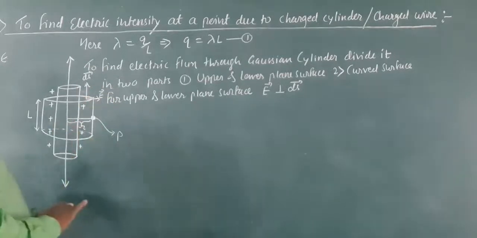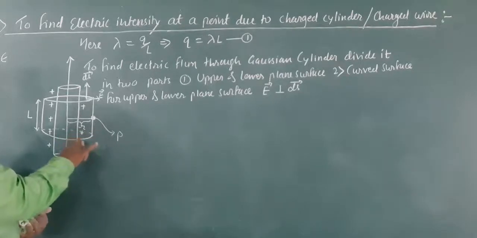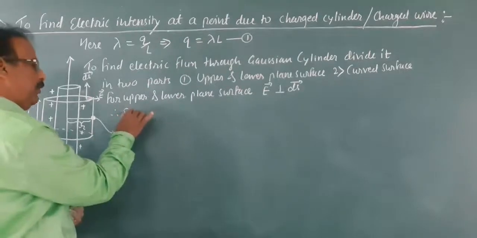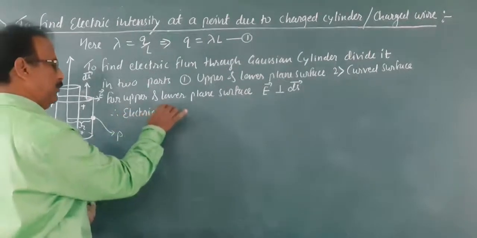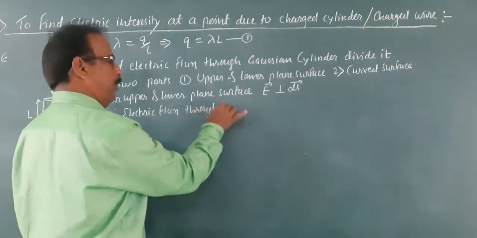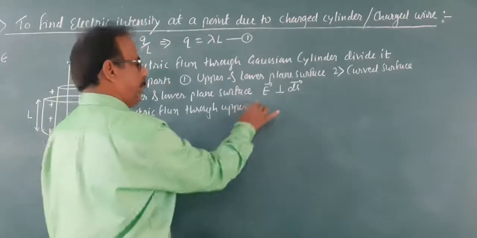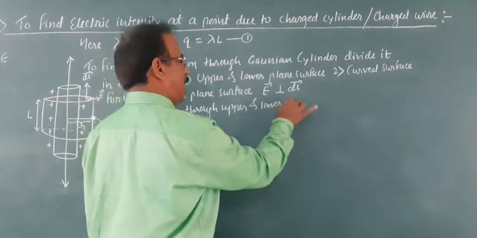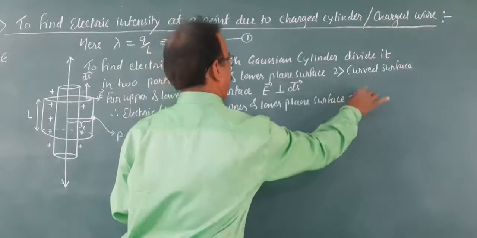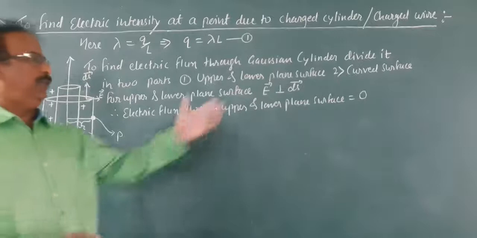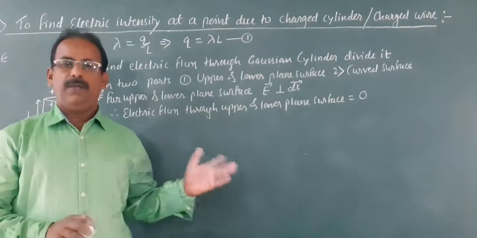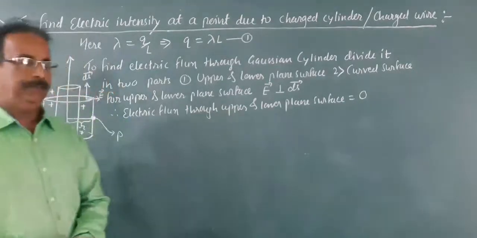Similarly, for the lower plane surface also, the area vector and intensity vector are perpendicular. Therefore, the electric flux through the upper and lower plane surfaces is equal to 0, because these two vectors are perpendicular.